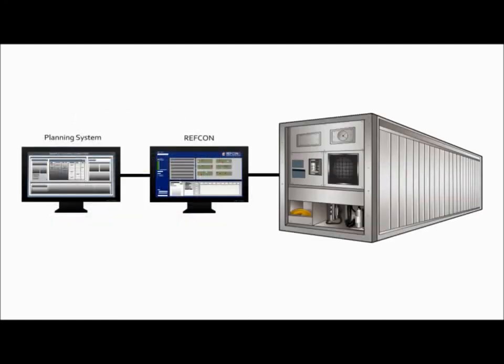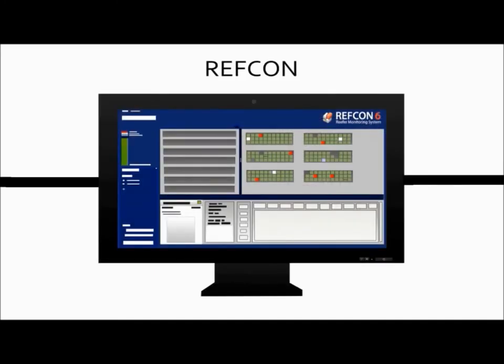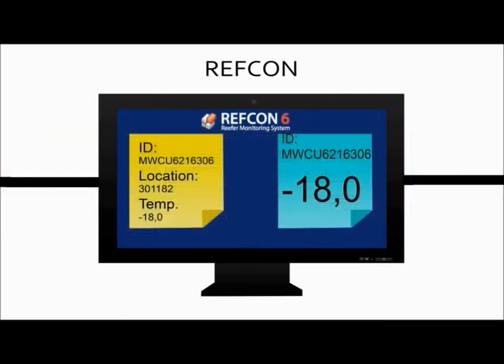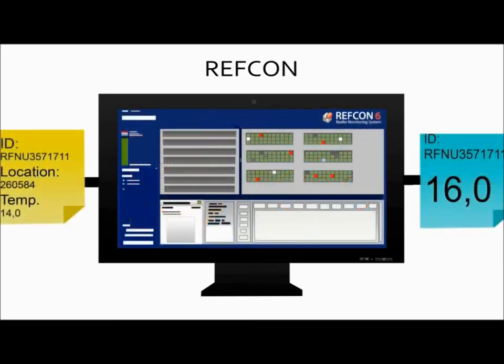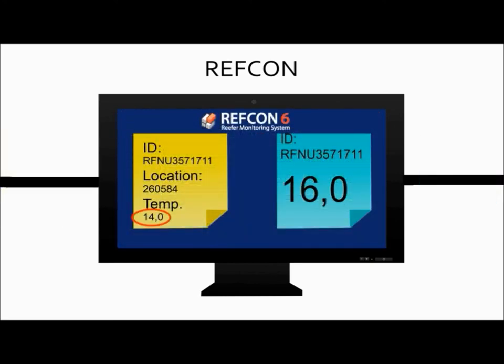By matching this expected information with the actual information received from the reefer controllers, REFCON is able to identify critical set point deviations. It also allows REFCON to show the containers graphically in the container plan. If REFCON finds a mismatch, an alarm will occur.